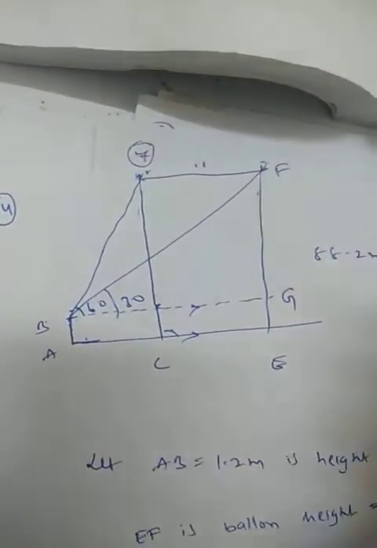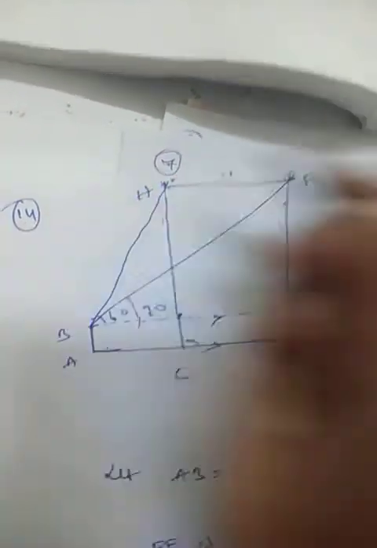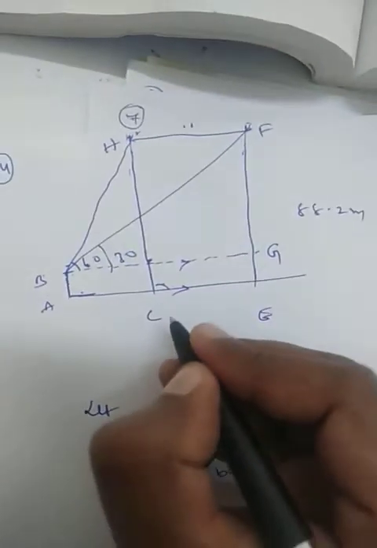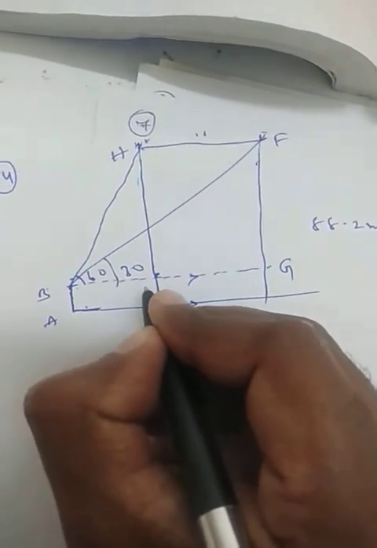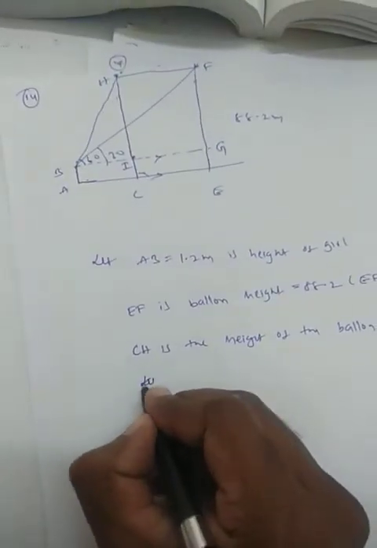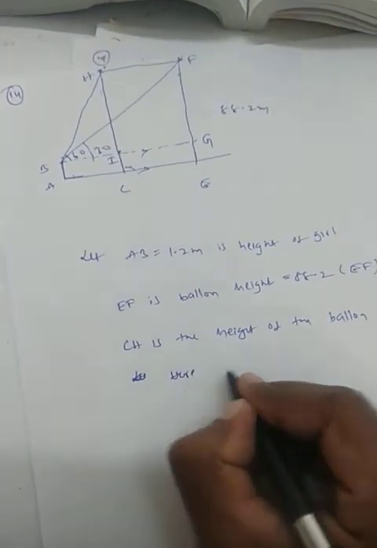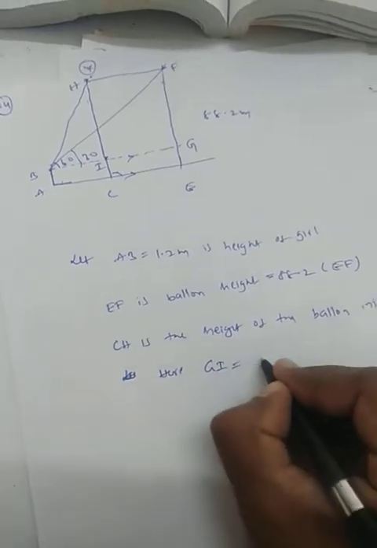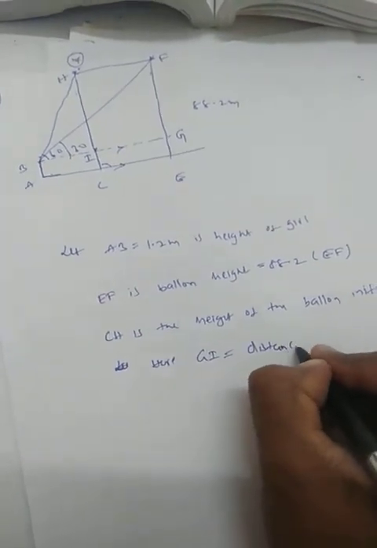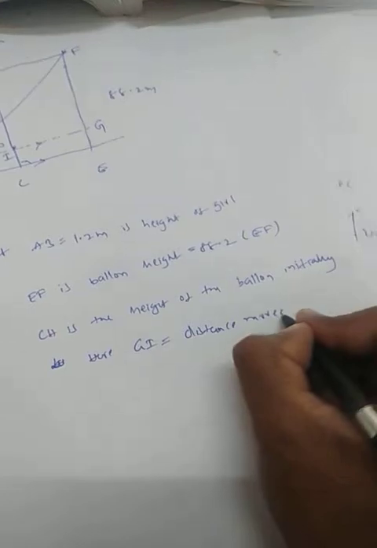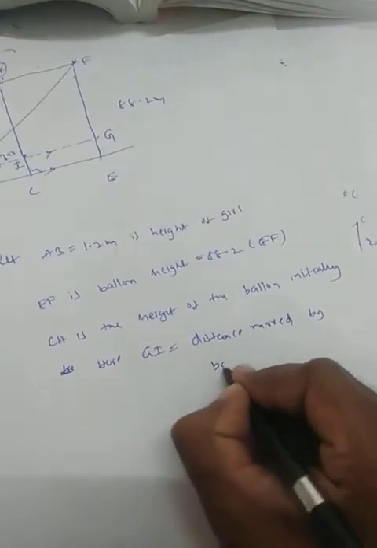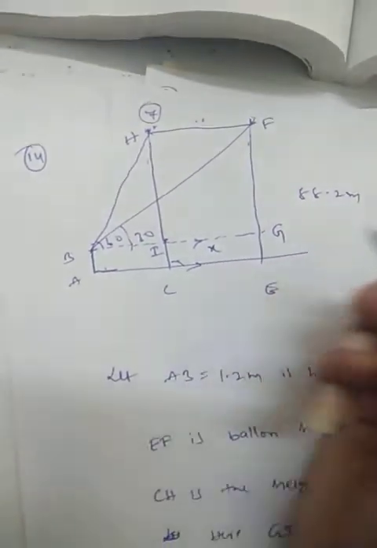G, H I have taken. Next I am taking this value as I. Here GA is the distance moved by the balloon. I am taking the distance moved by the balloon as X.